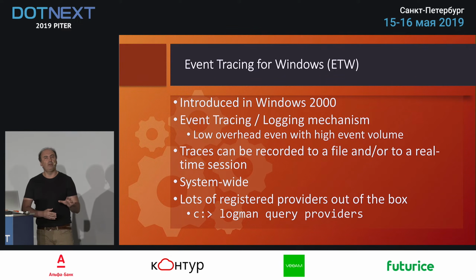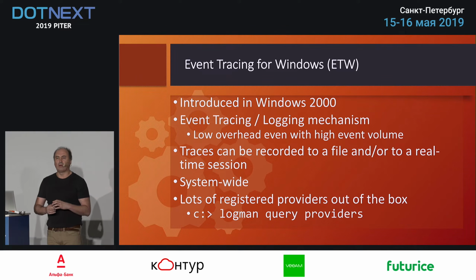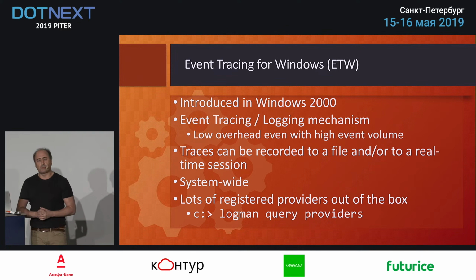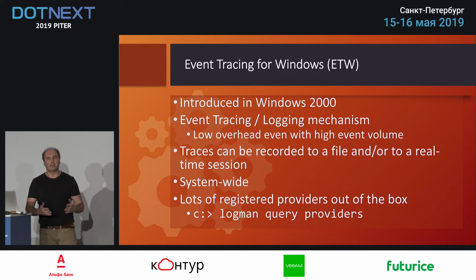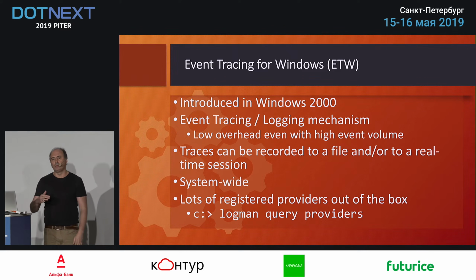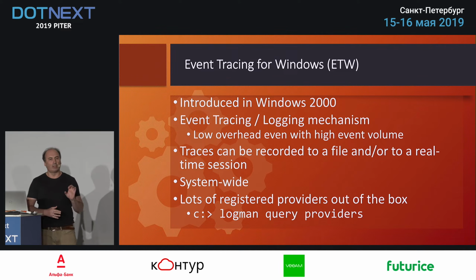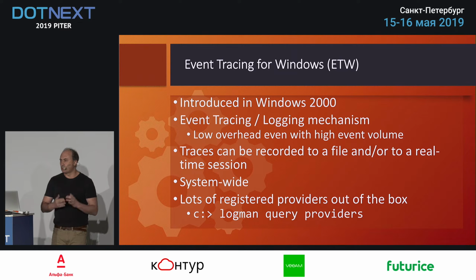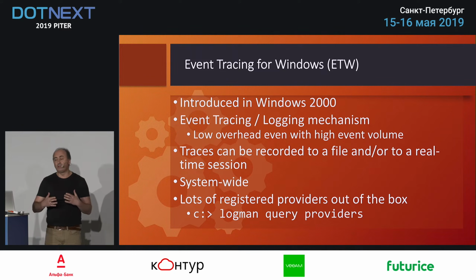And it should have very low overhead. So it is possible to have thousands of events per second using ETW and still not overwhelm the system. And still the CPU and I/O performance should be very good and barely noticeable. So these were the goals for creating this infrastructure.